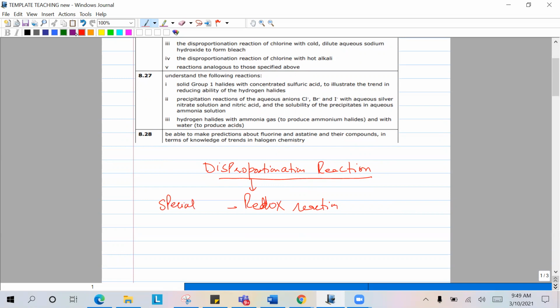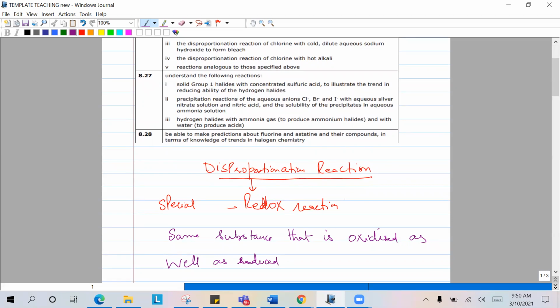What is special about them? It is the same substance that is oxidized as well as reduced.